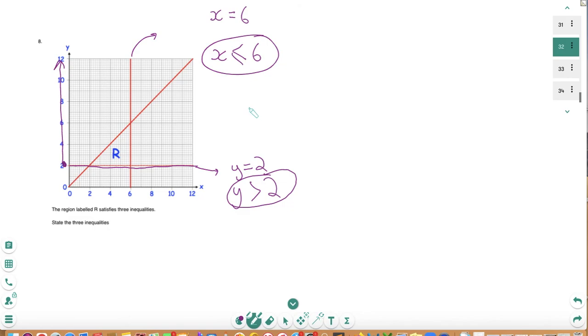And then, let's look at the next one. This diagonal line. So let's find the equation of a diagonal line. Well, since it's a diagonal line, remember guys, all diagonal lines can be written in the format of y equals mx plus c, where m is the gradient and c is the y-intercept.